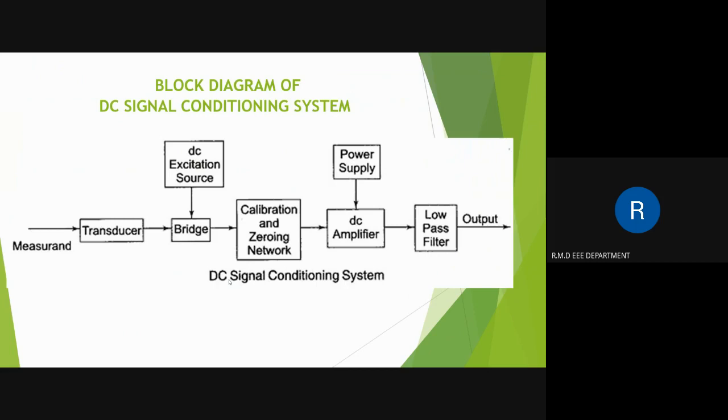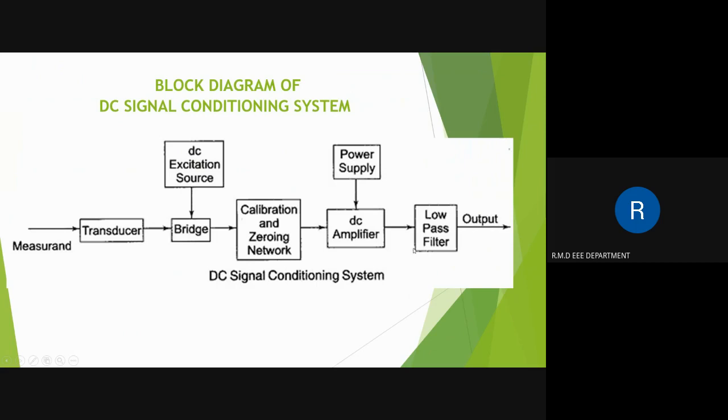So in this, the measurement is given to a transducer, and the bridge is used as a balancing bridge which is supplied with a DC excitation source. The output of the bridge is given to the calibration network and it is amplified using a DC amplifier, and then power supply is provided to this DC amplifier, and after providing a filter it is given as output.